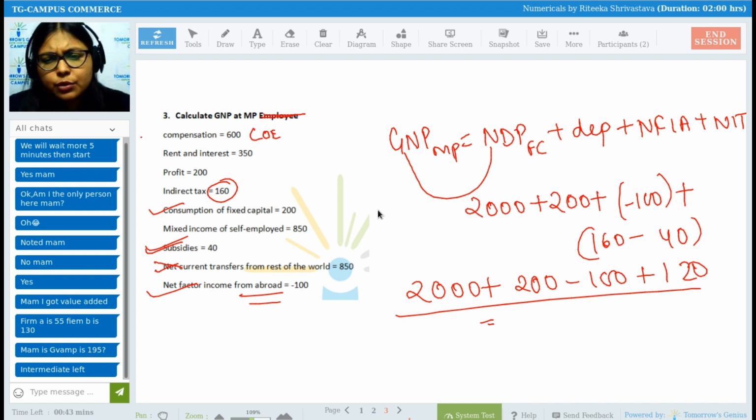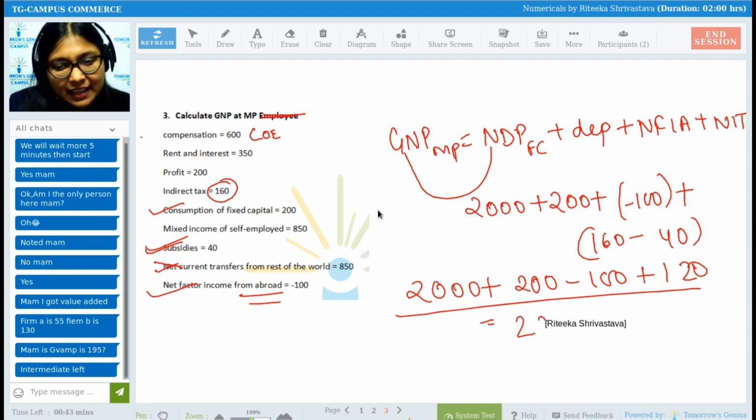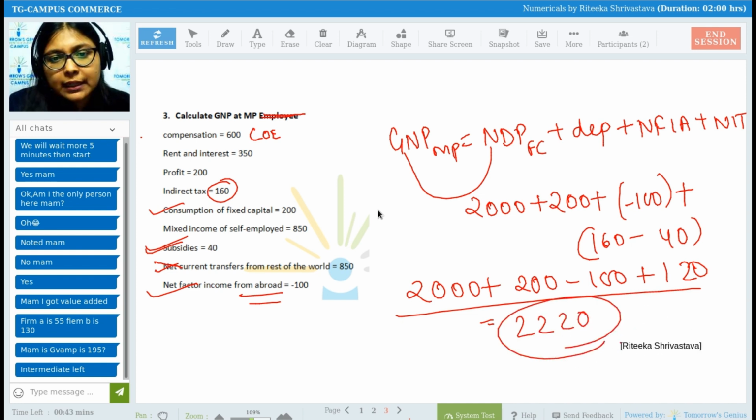How much is 2000 plus 200? 2220. Very good. Two more questions we'll do from the expenditure method and then we can wind up.